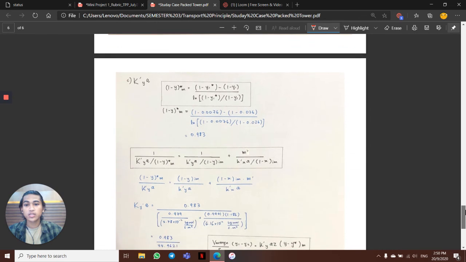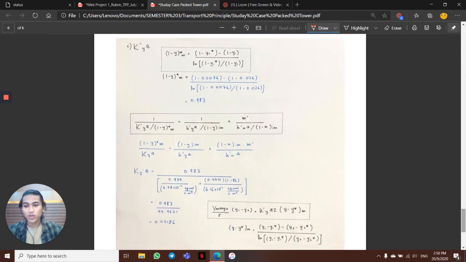So the last one is capital K prime ya. This one is quite tough because it is a formula in a formula. If you want to find the formula, you have to find another formula to insert in order to find the capital K coefficient.